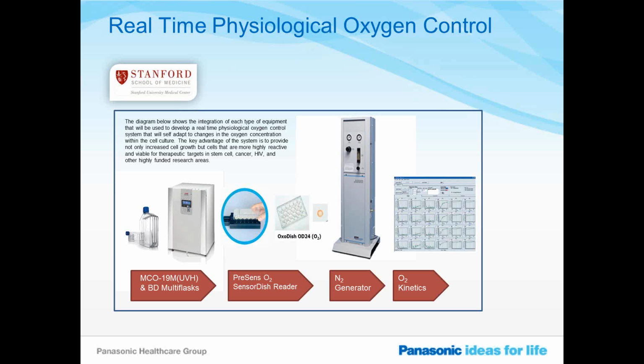So we were working on a solution that not only lets us monitor the oxygen levels actually within the cell culture plates using an oxygen reader dish, but also incorporates an on-site nitrogen generator. Most labs may or may not have the ability to replace tanks as readily, and if they have something on site, it may not be as consistent as having an on-site generator.